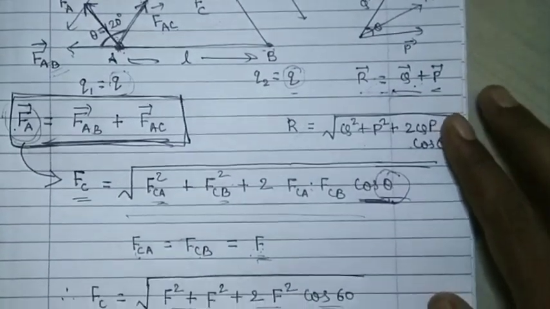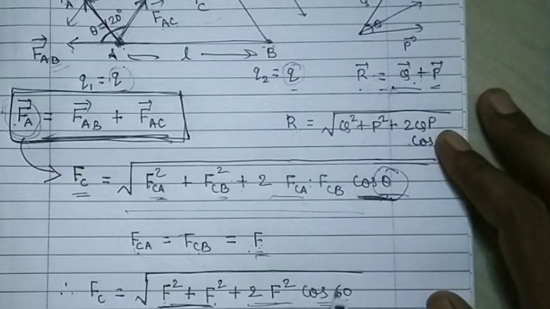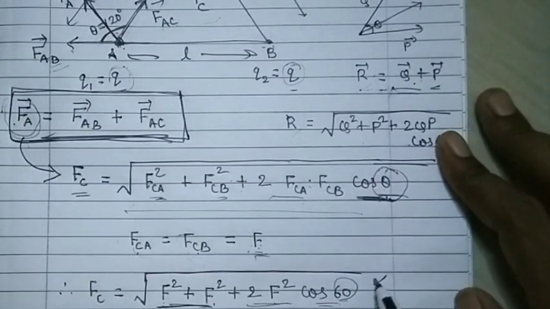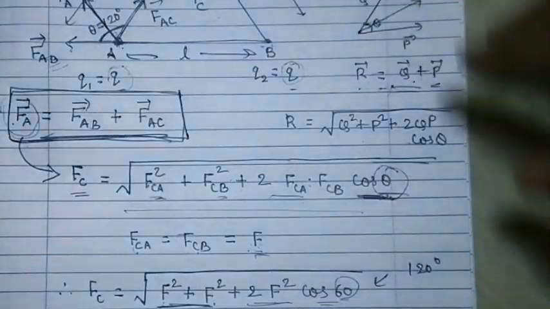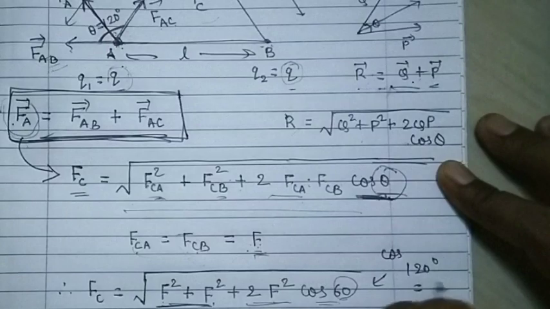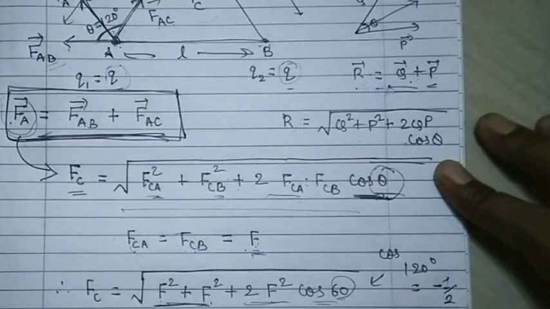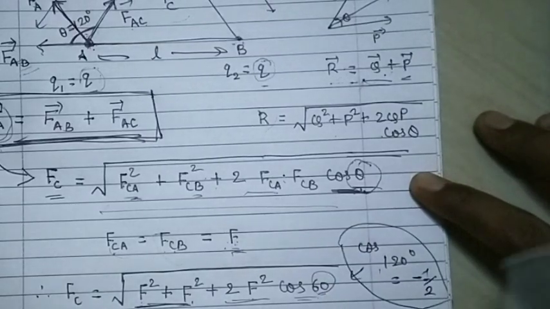This quantity will remain same, this will remain same. Here in place of 60, now we will write 120 degrees, and you know that the value of cos 120 is minus 1 by 2.